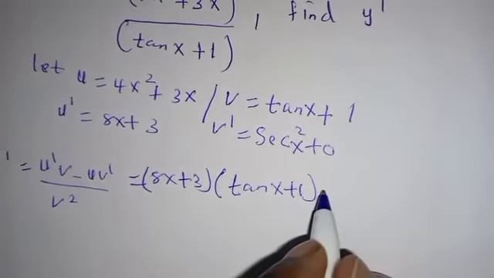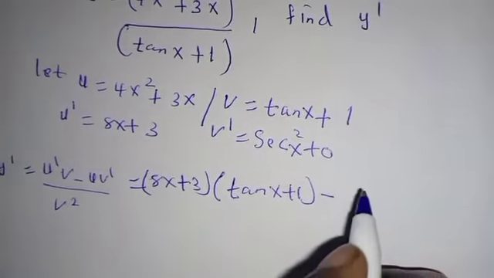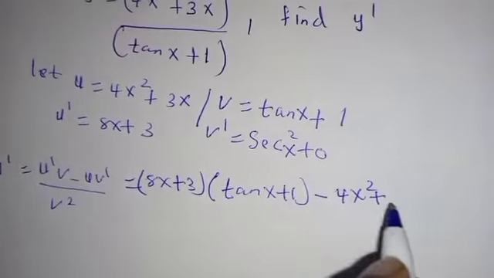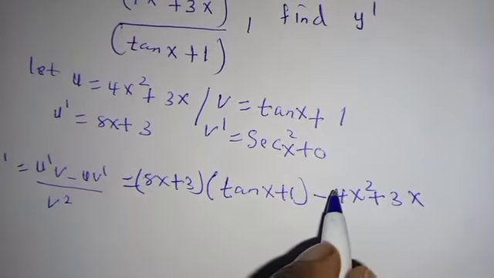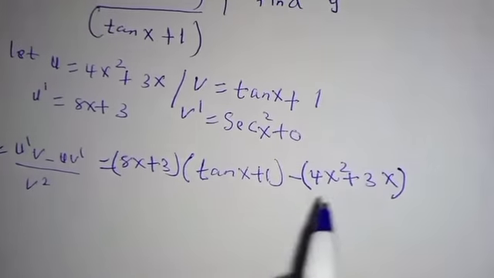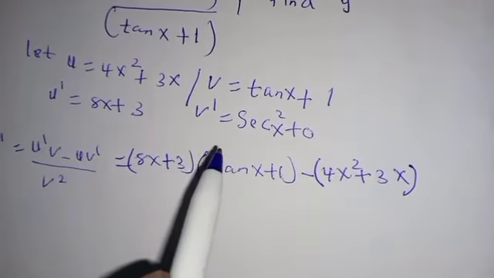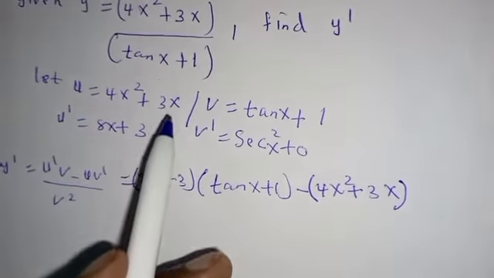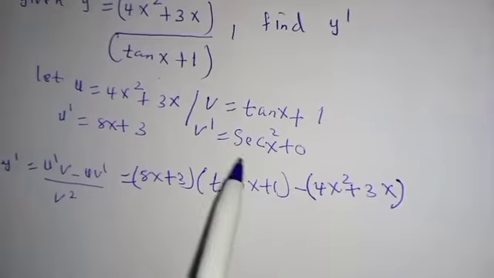Then you subtract, our u is 4x squared plus 3x. Then you multiply by our second function, which is the denominator differentiated, our v here.